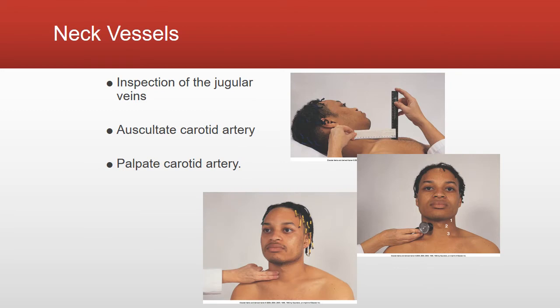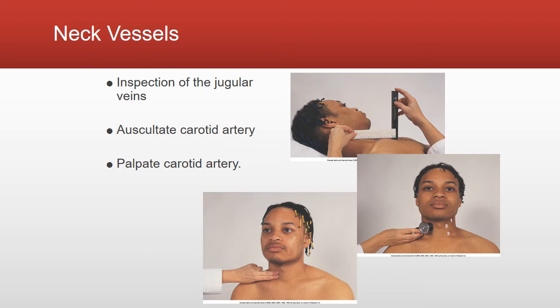When you assess the neck vessels, you want to start with the inspection of the jugular veins. There is a nice picture and step-by-step instructions of assessing the jugular veins on pages 430 and 431 of your text.